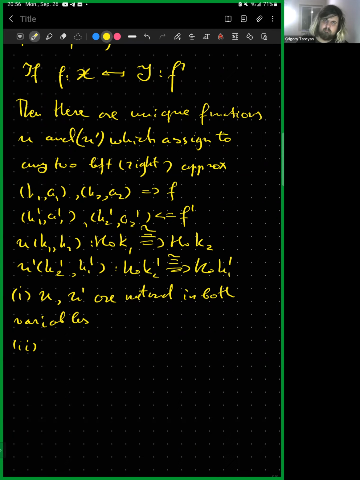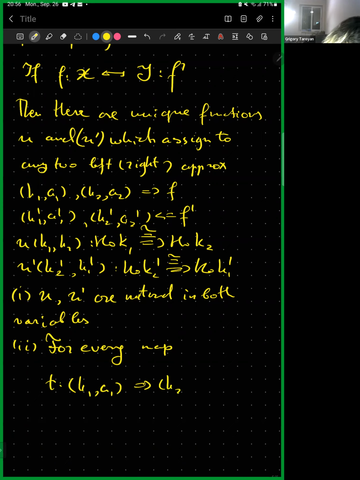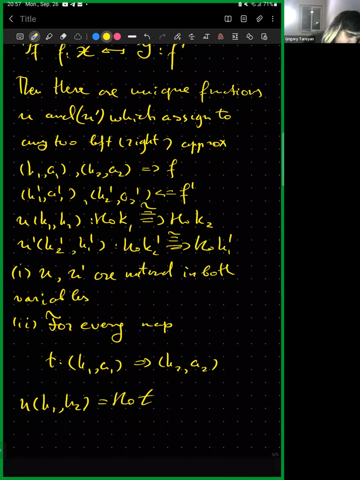So if we have a map between two left approximations, for example, then its homotopization coincides with U(K1, K2). This is just the result of homotopic uniqueness of left or right approximations.